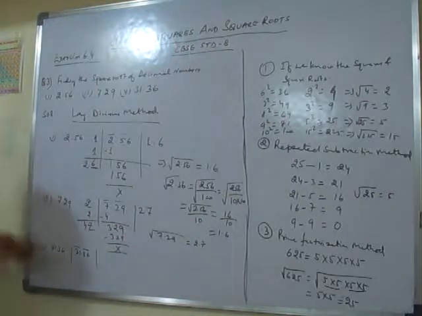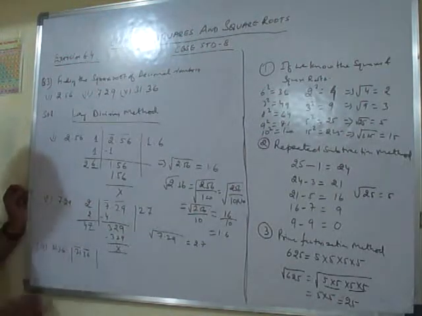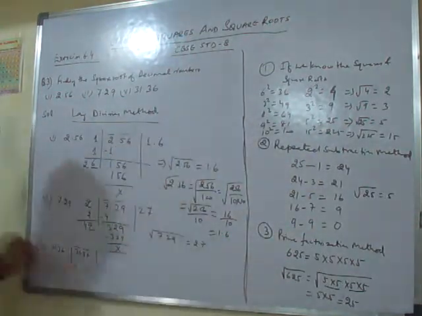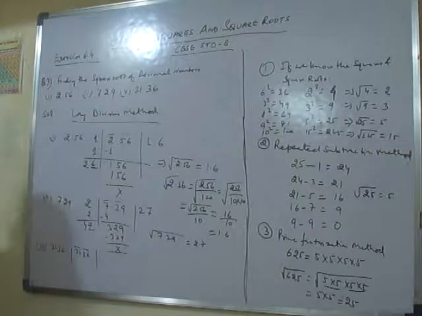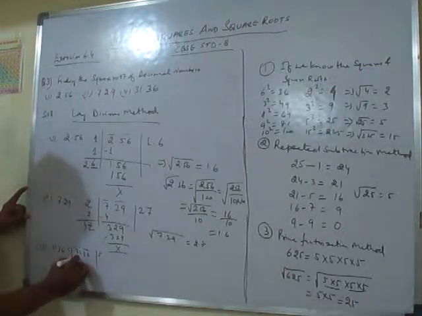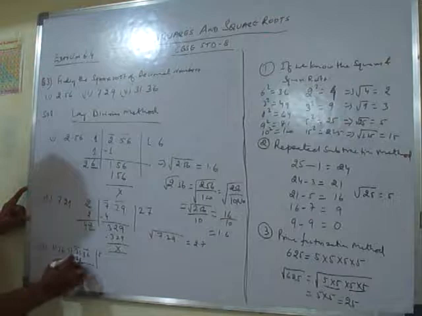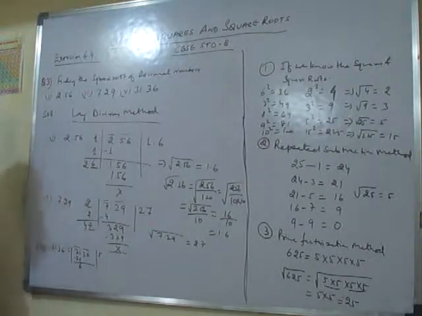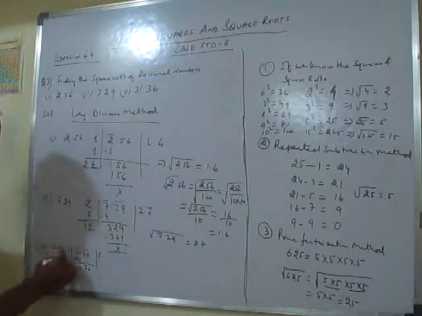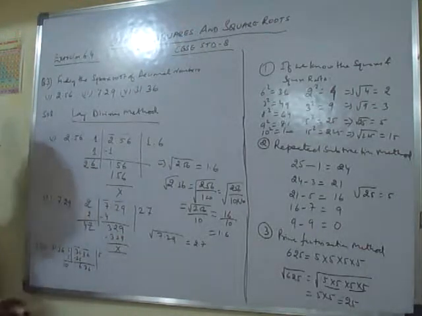Okay? Now let us see. 5 square is equal to 25. 6 square is equal to 36. It means 5 square we have to put. So 5 square is giving you 25. If we subtract, we get 6. Okay? And 36 will be coming down. And if we add 5, it will become 10, gentlemen.